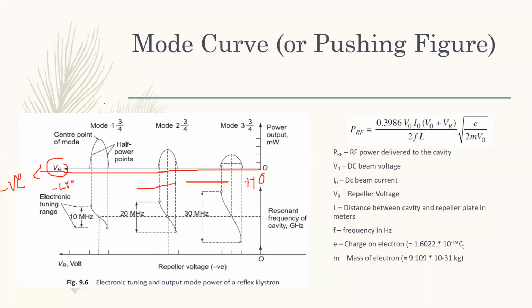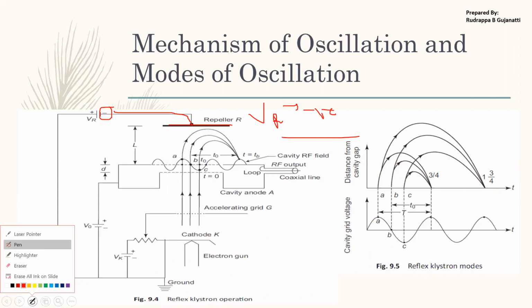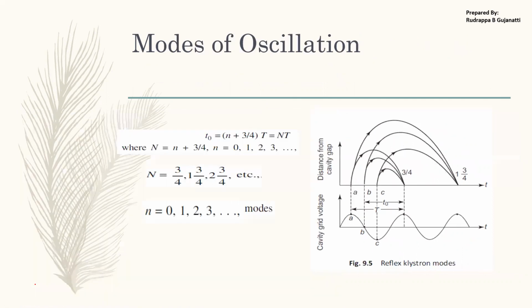Here you can see that a negative electrode is applied to this repeller plate. So this voltage will always be negative.